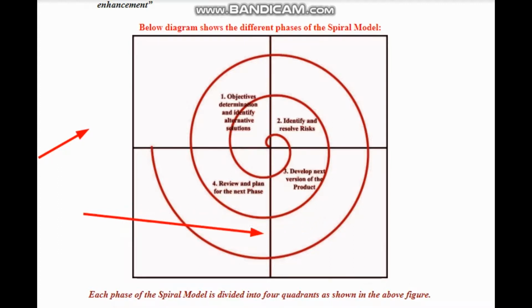And again, after giving that product to the customer in this phase, you decide whether to develop a new set and new prototype. If you find that the developed software is a final product, we won't go to the next phase, we stop here, but this process continues.